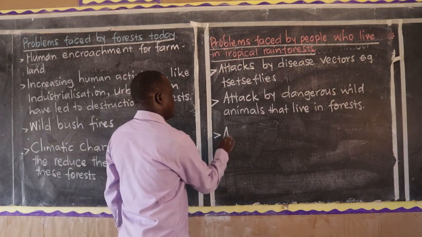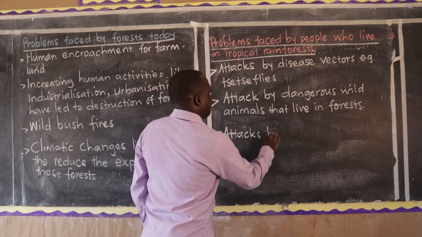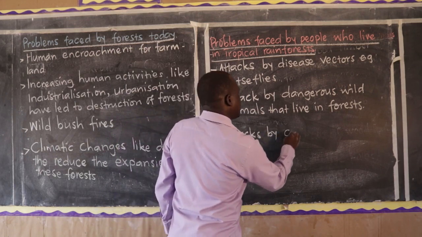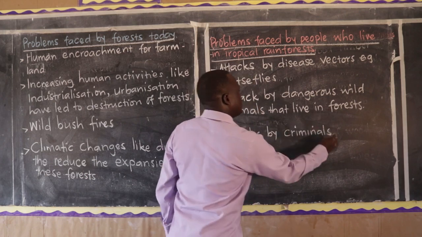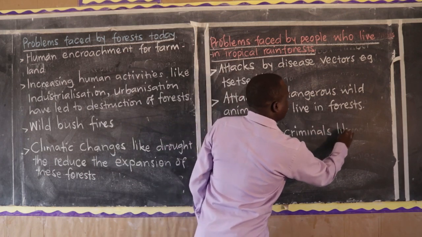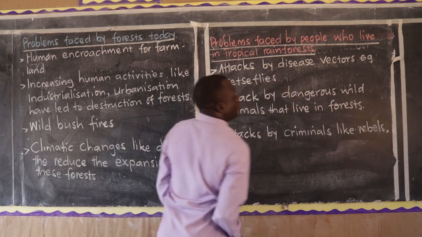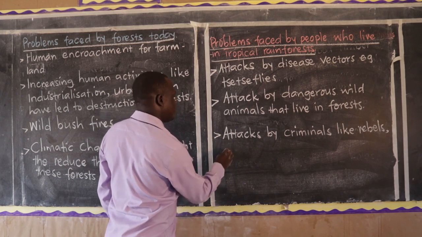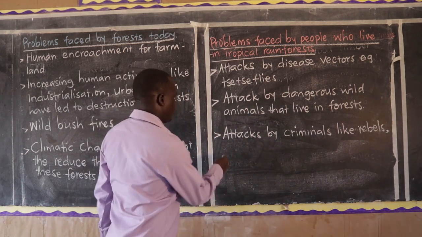So we also say attacks by criminals, wrong people, like rebels, and also robbers.